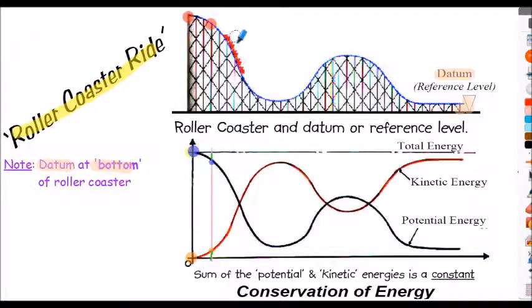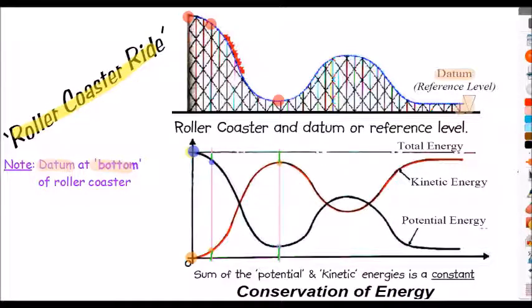If I now consider the roller coaster ride at its lowest position, this is where the speed will be greatest, and I again draw a line through the energy diagram here. I can now see that the kinetic energy is very large and the potential energy is very small. But once again, if I add this small amount of potential energy onto the large amount of kinetic energy, I end up back with the same energy levels I started with.